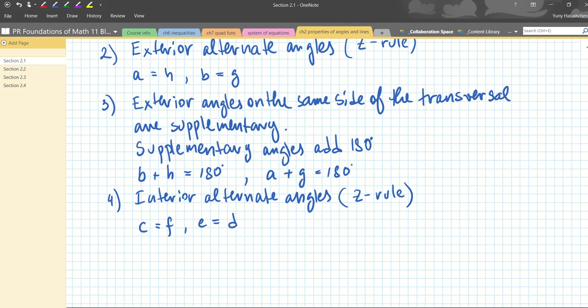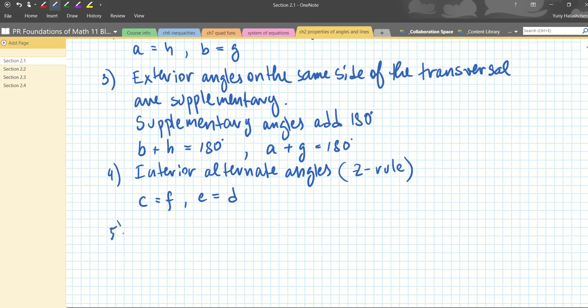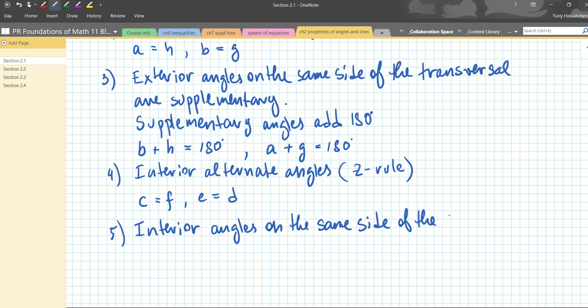So these are going to be interior angles on the same side of the transversal.